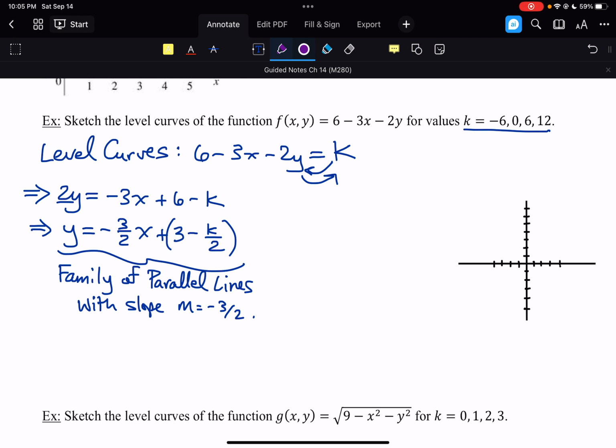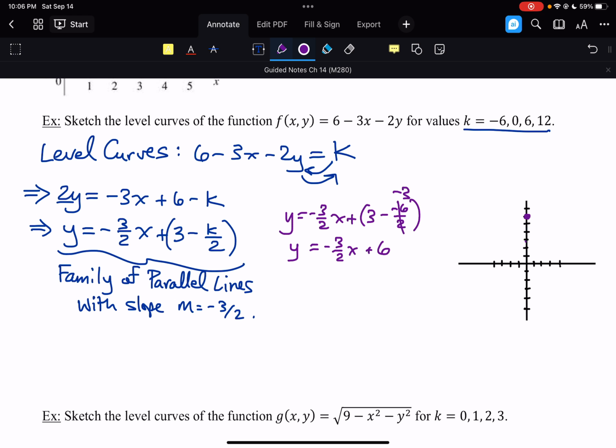Okay. So if we start subbing in some of these k values, we get y equals negative 3/2 x plus 3 minus negative 6/2. So that's a negative 3. So we end up getting negative 3/2 x. That's 3 plus 3, so plus 6. So we're going to have a y-intercept of 6 up there.